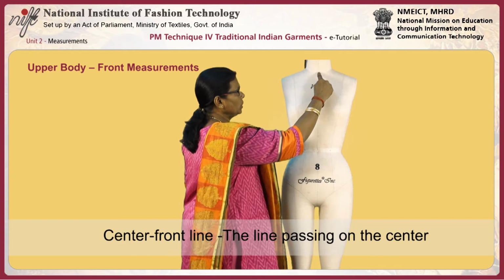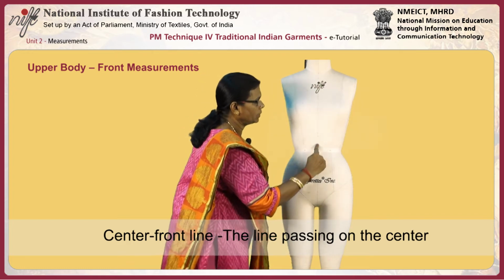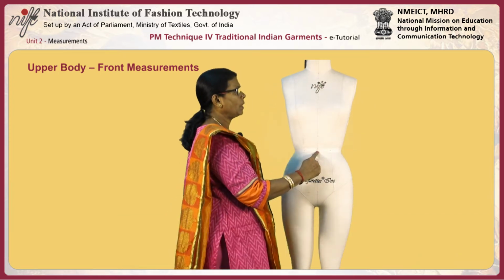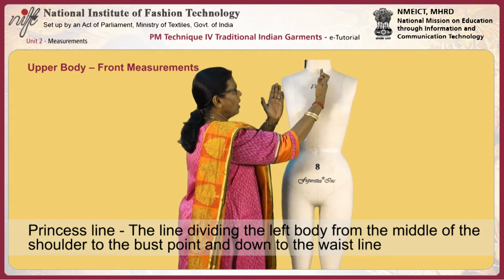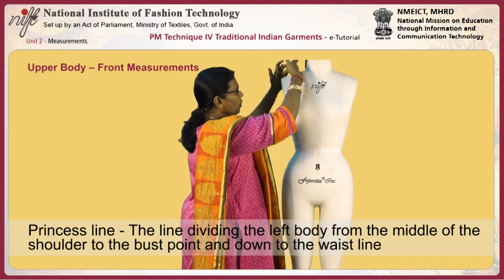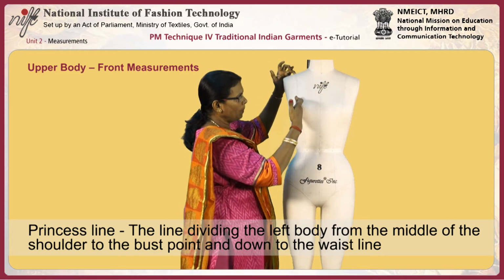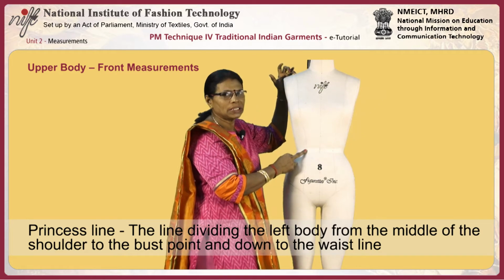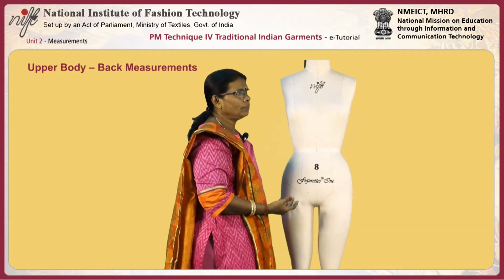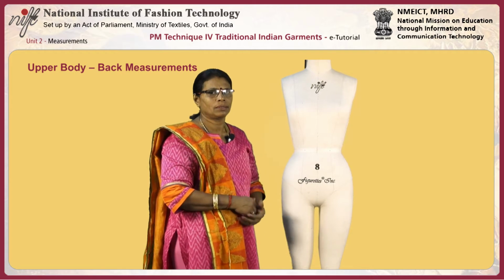A line passing on the center front is the center front line. A line dividing the body from the middle of the shoulder through the bust point to the waistline is called the princess line. Then we will move on to the back.